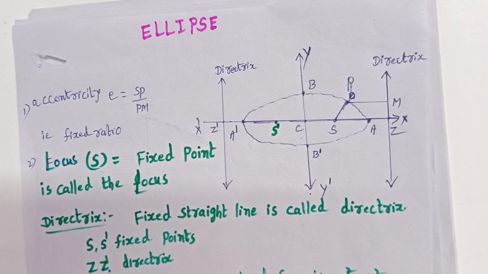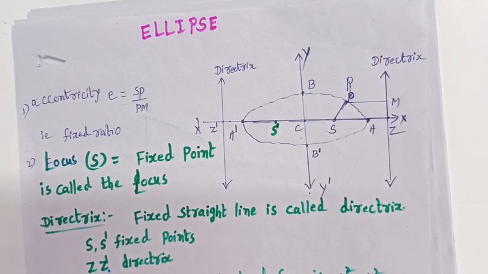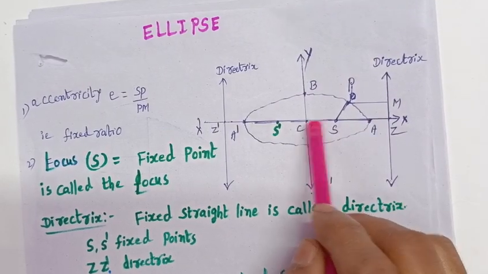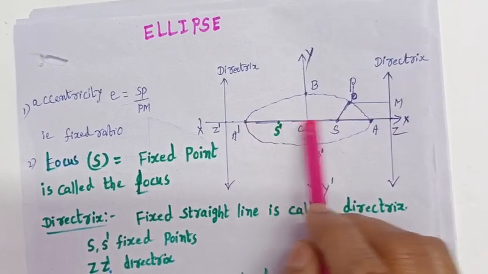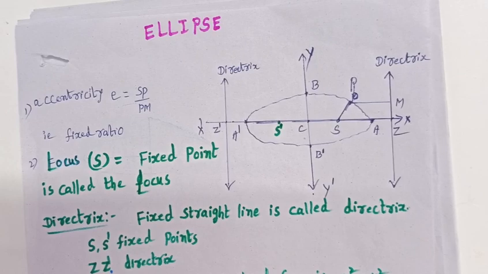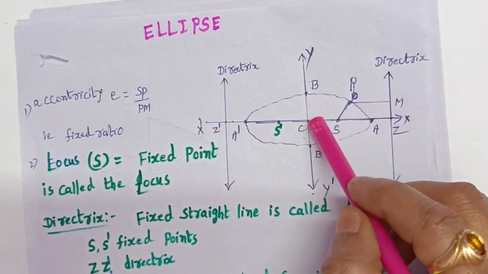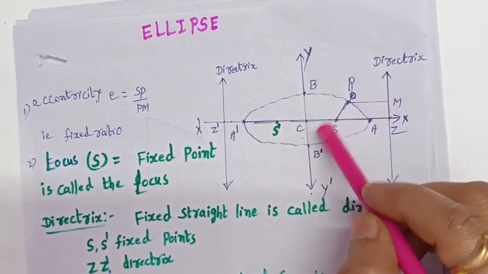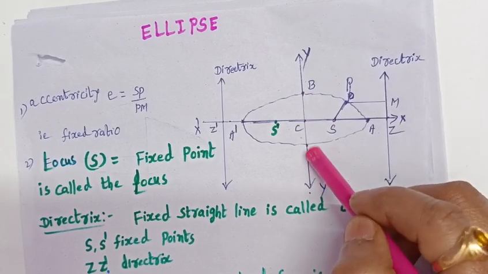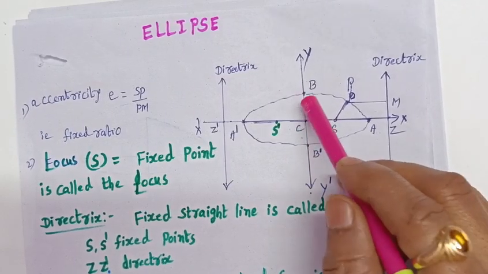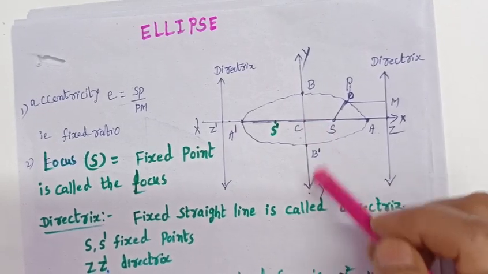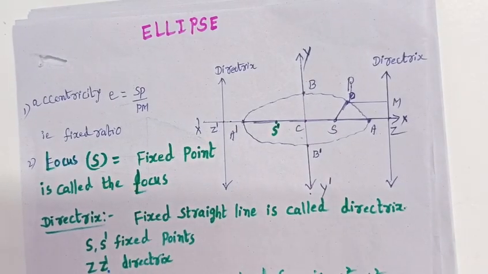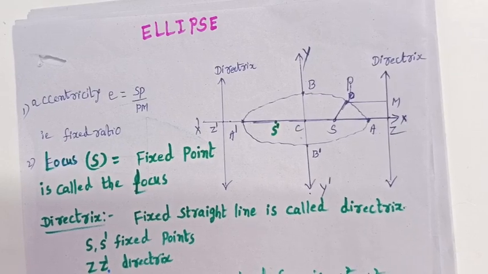The length of the major axis A dash A: C to A is a, C to A dash is also a, so a plus a is 2a. In the same way, the length of the minor axis B dash B: C to B is b, C to B dash is b, so b plus b is 2b. So the length of the minor axis is 2b.